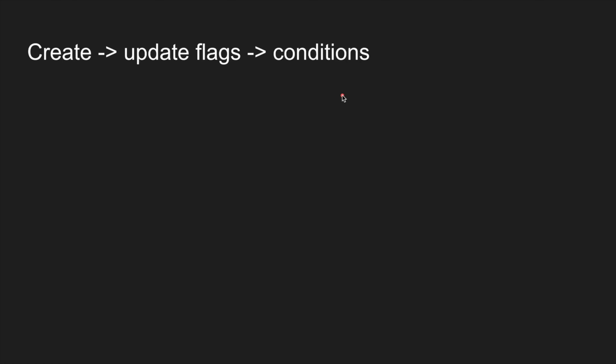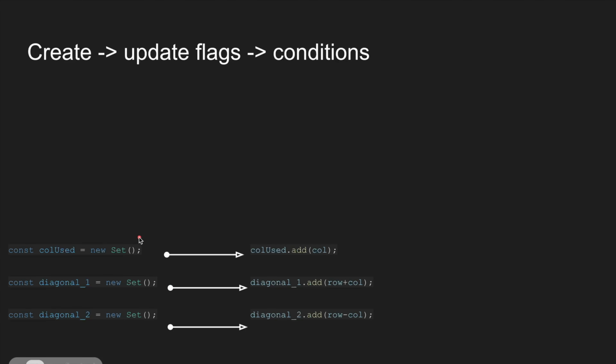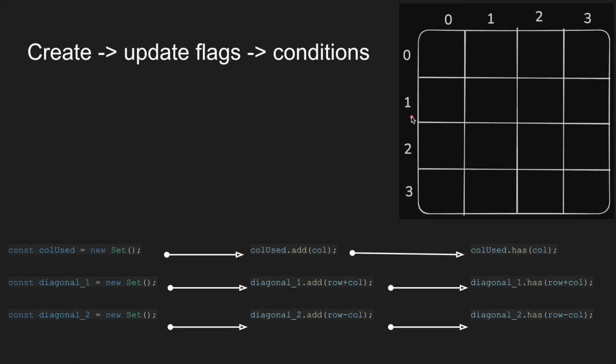Next, how we update the flags and how it is responsible for handling the rules or conditions. First we initialized or created the flags. Let's understand it by representing it in the chessboard.